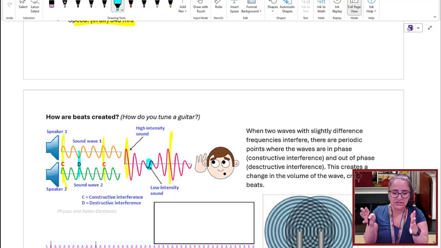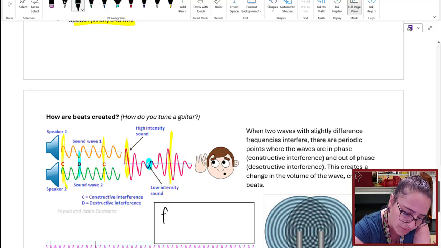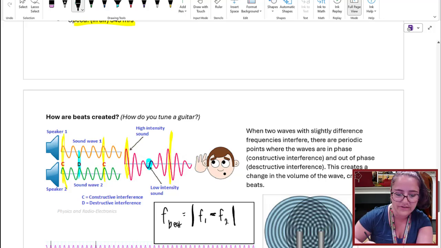Now, this has to do with how out of phase, how different those wavelengths are. So the actual equation for it is on your equation sheet. It's that the beat frequency equals the absolute value of the frequency of one minus the frequency of the other.